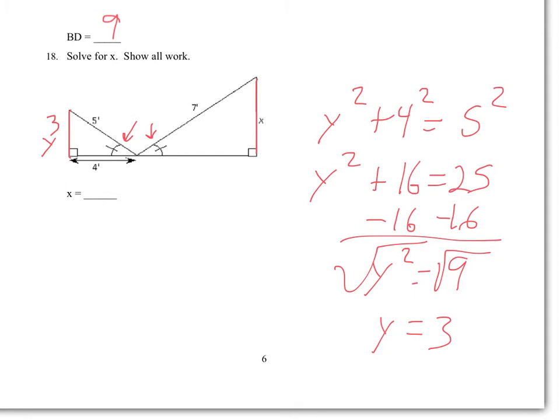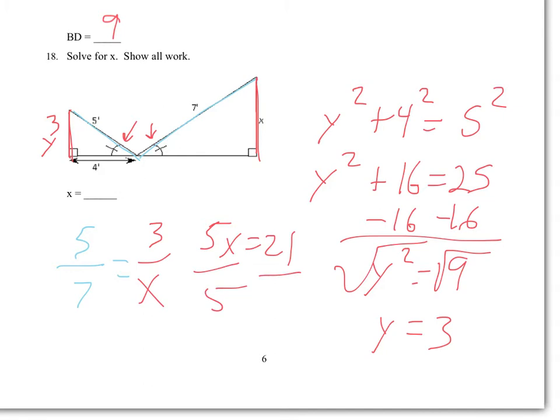So now we know that 5 over 7, corresponding sides, is going to be equal to corresponding sides of 3 over x. Cross multiply, 5x equals 21, divide by 5, and x equals 4.2.